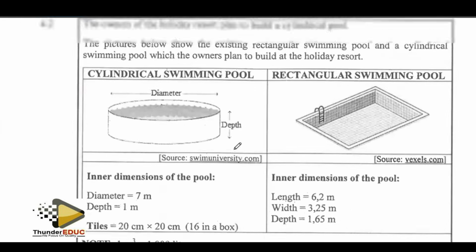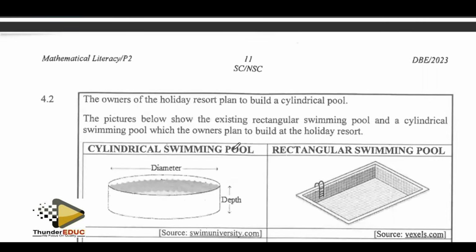The owner of the holiday resort plans to build a cylindrical pool. The picture below shows the existing rectangular swimming pool and a cylindrical swimming pool which the owner plans to build.